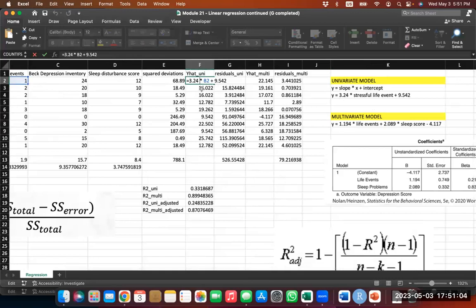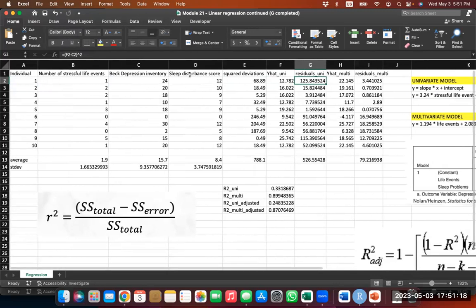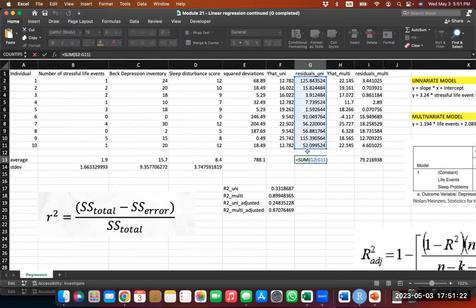We're predicting the individual y based on the number of stressful life events. That was the chapter 16 example. This predicted value will then be subtracted from our observed depression score, which gets us the inaccuracy of the predicted equation.